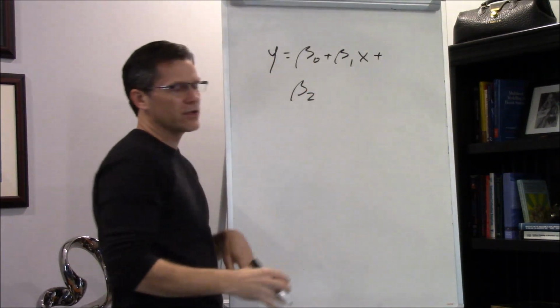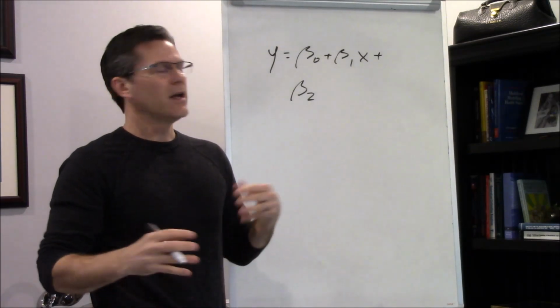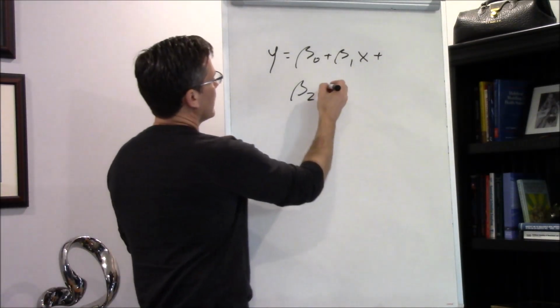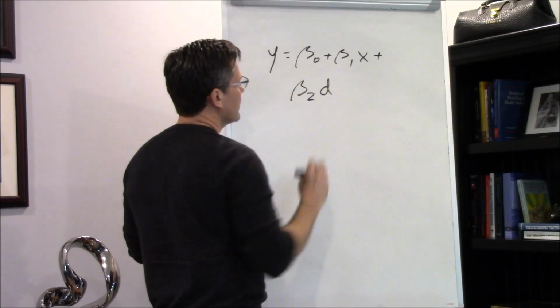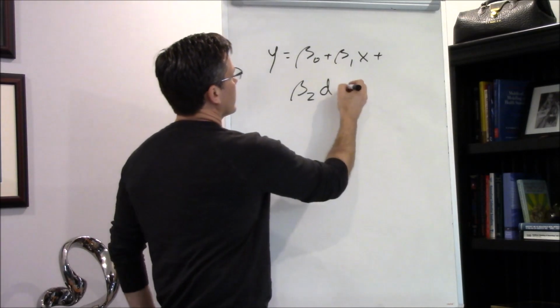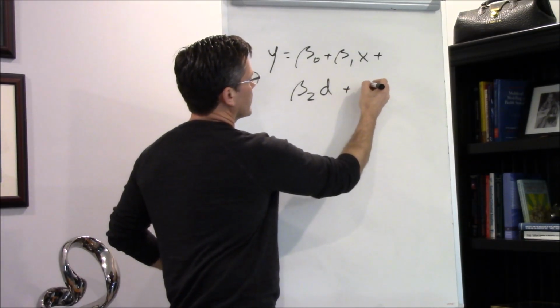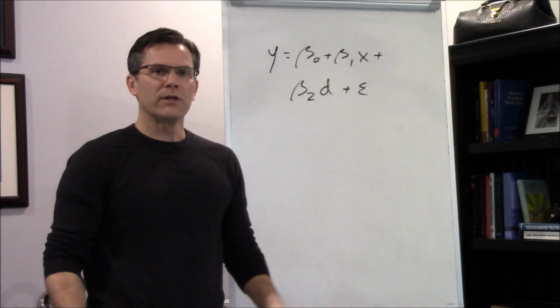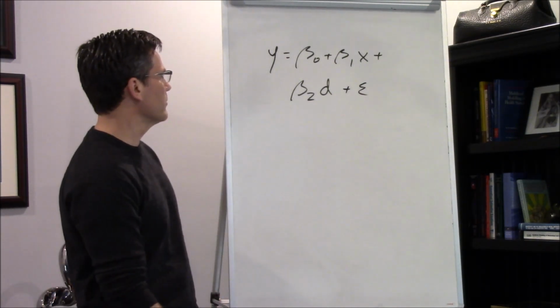And we'll say it's just a two-category variable that's been coded through an indicator variable or a dummy variable, and we'll just call that D to indicate it's a dummy variable, so it's just 0, 1. And then of course we have our error term that we add on to that. Right, so that's our simple additive regression model.